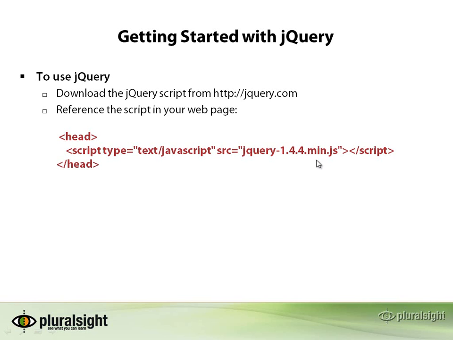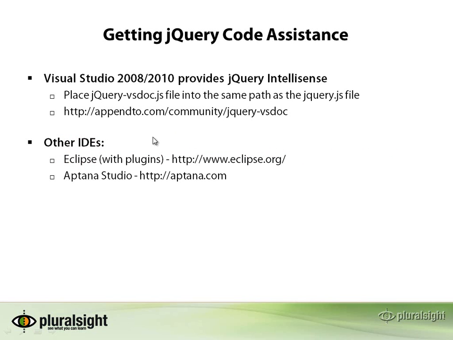Now that's only one way, though, to reference a jQuery file within your web applications. I'm going to show you another one in just a moment. So before moving on to that, though, as I mentioned, definitely recommend go grab that documentation file from append2.com/community jQuery VS Doc if you're using Visual Studio. If you're not, Visual Studio is not the only game in town for web development.